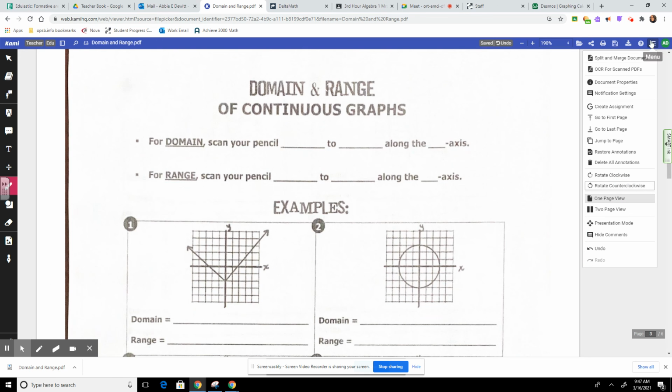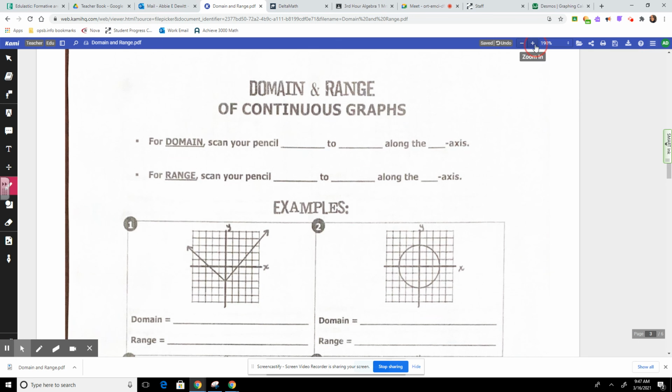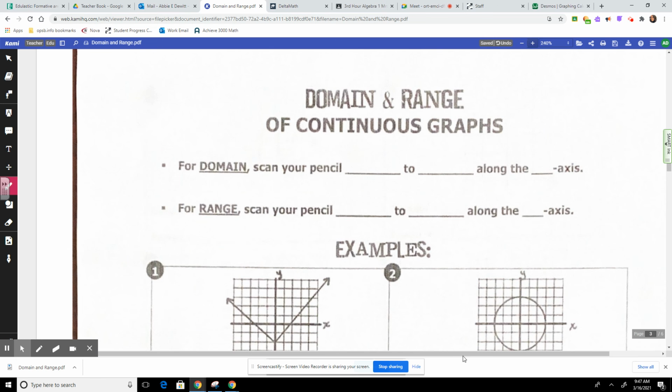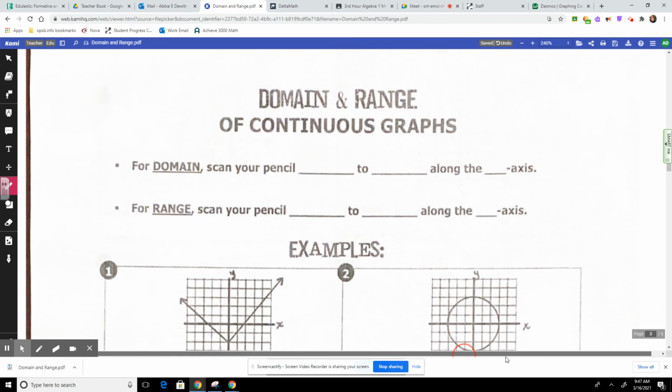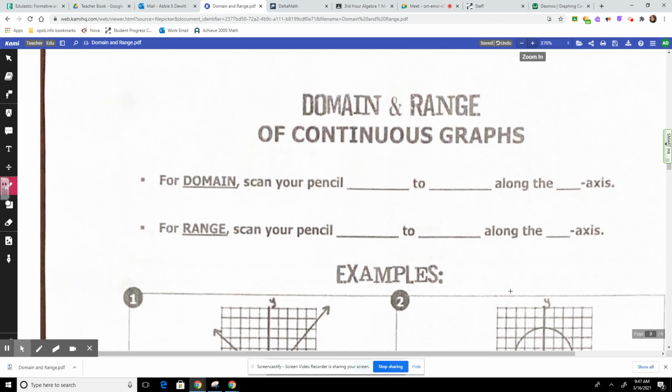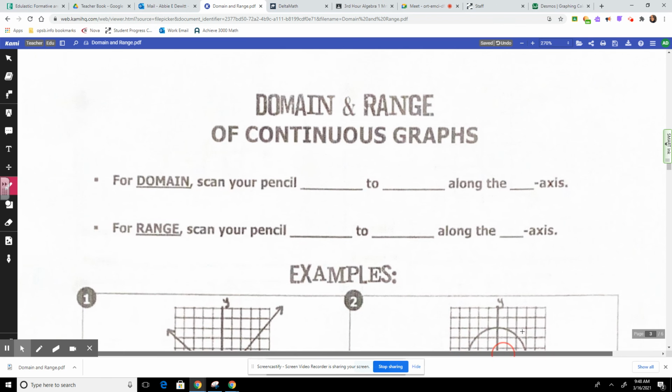All right, so now we're going to start talking about the domain and range on an actual graph. On a graph, what does the domain and range look like? Okay, I'm going to try to zoom in and make this as big as possible. So for our domain values, we know that domain are the what values? The x values, which fall on the x-axis.